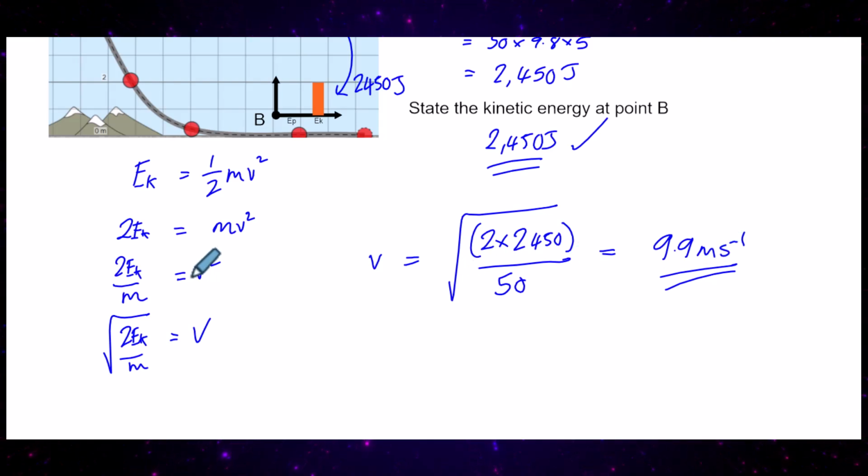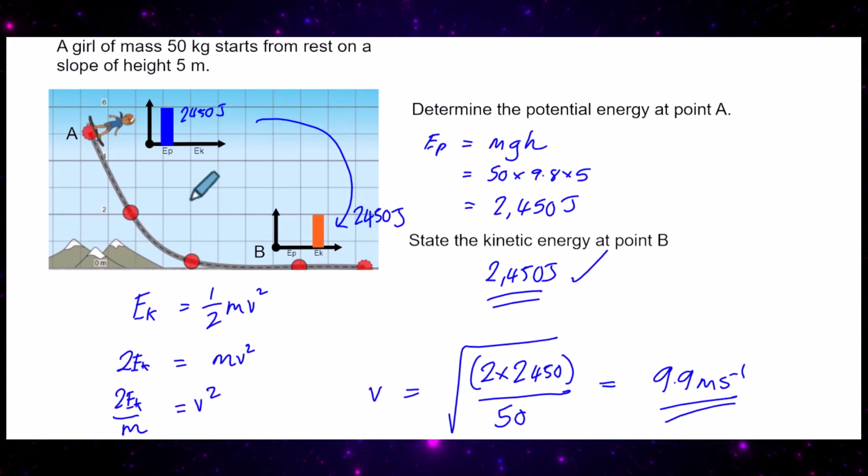So just to recap, if we slide up a wee bit here, the skateboarder in her position here, due to her height, has got gravitational potential energy, mgh, to the value of 2,450 joules. Provided there's no friction on the track, all that potential energy will be transferred into kinetic energy. So at position B, there'll be no potential energy.